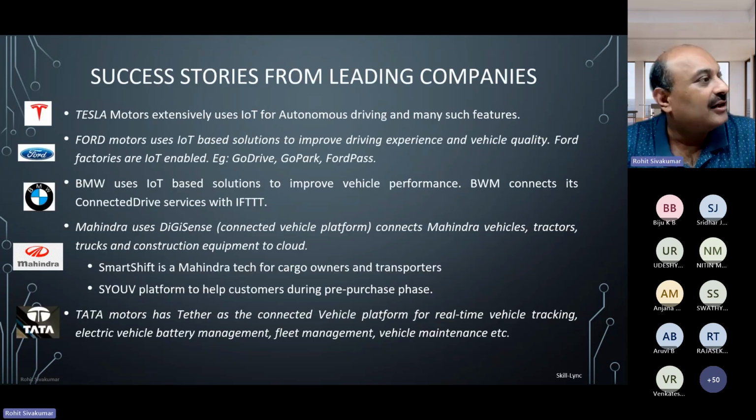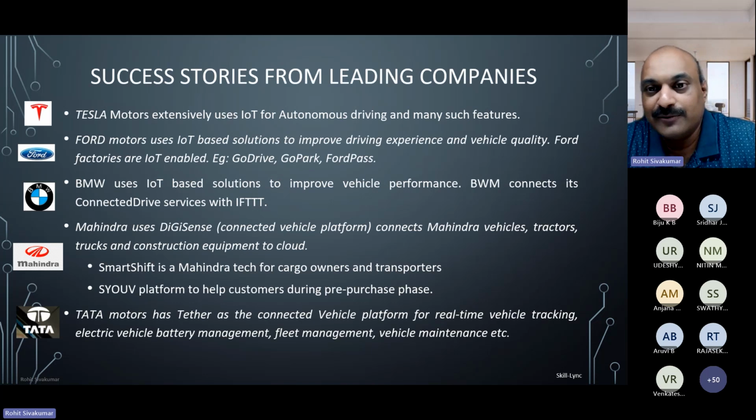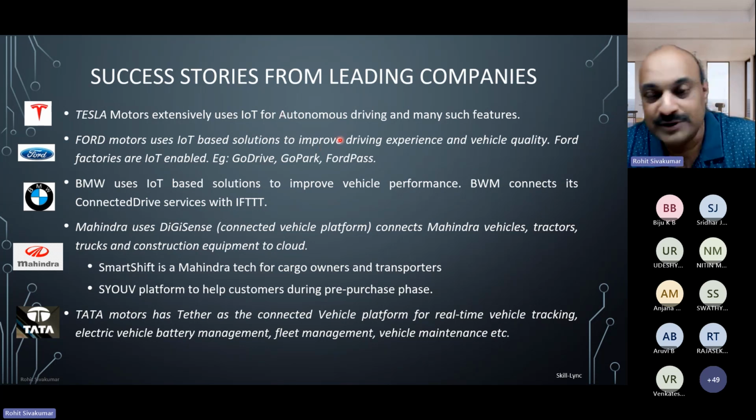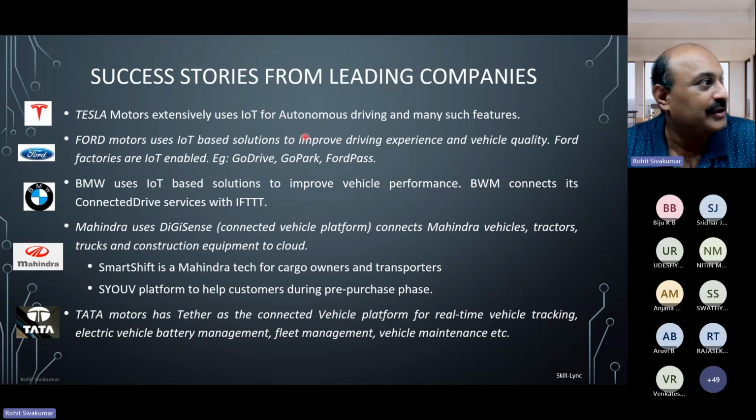And a quick look at some of the companies which have been doing real great work in using IoT in the automotive space. For example, everybody knows Tesla Motors, their autonomous driving experience and what they're trying to build in. Ford Motors has IoT-based solutions in the name of Go Drive, Go Park, Ford Pass.